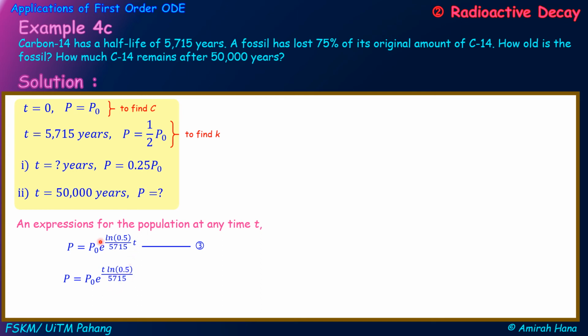We move t to the front here. To avoid error, we better put t in front here because t cannot multiply by 0.5, because 0.5 is inside ln, right? So to avoid error, we better put t in front when we calculate. Alright, then we can name it equation 3, because actually these equations are the same.